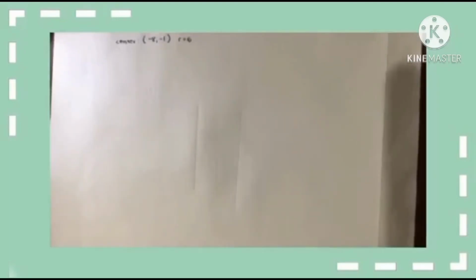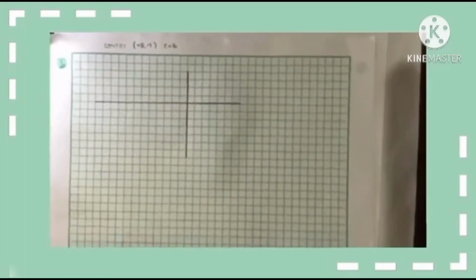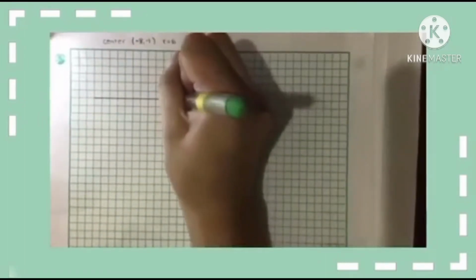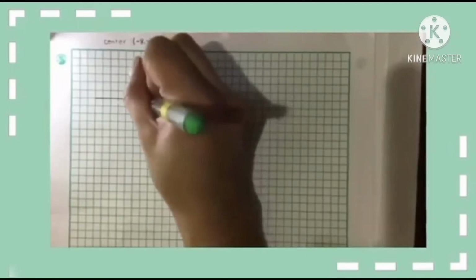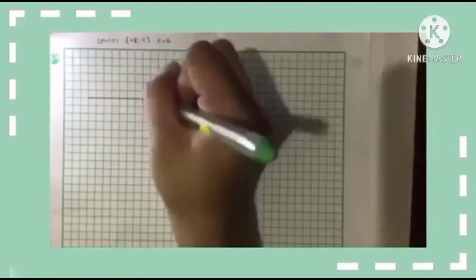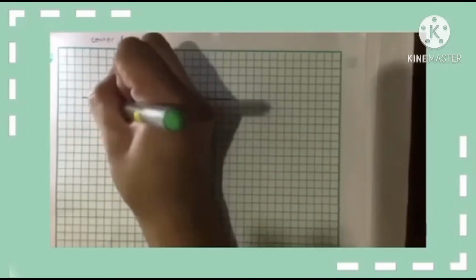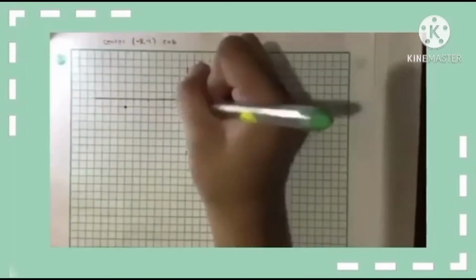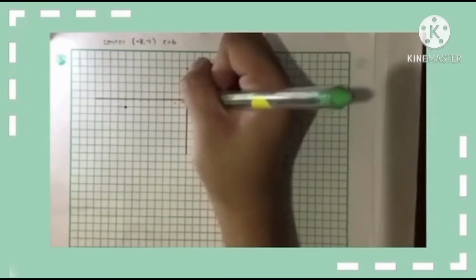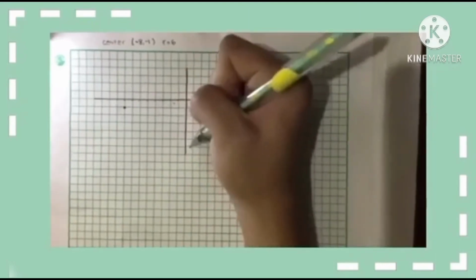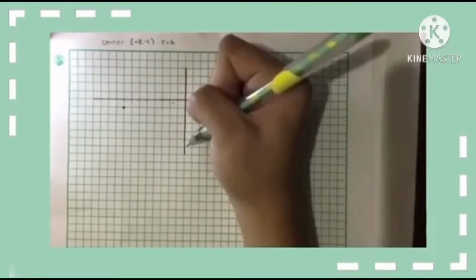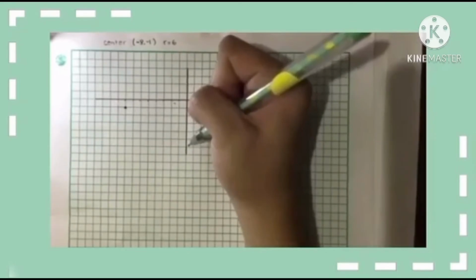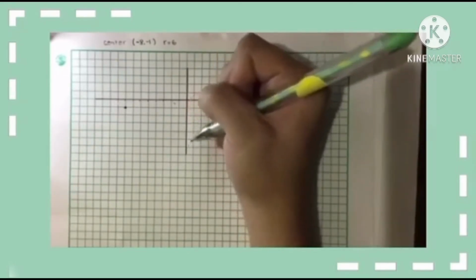Now that we have our center and our radius, we are able to graph it. Our center is negative 4 and negative 1. Remember that our radius is the length of the line from the center to any point on its edge.